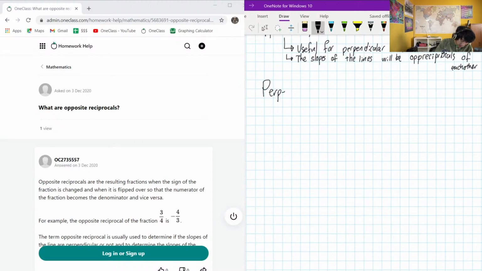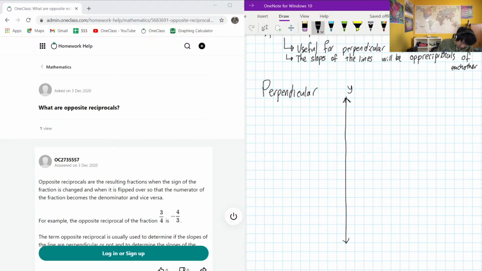Perpendicular, if you're not aware, means we have 90 degrees of separation. So basically two lines and there's a perfect corner between them. Okay, so if we were to draw out a mathematic grid like this, that is a very straight line for freehand.